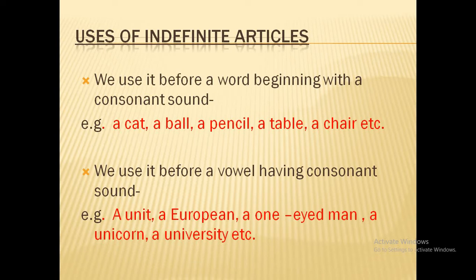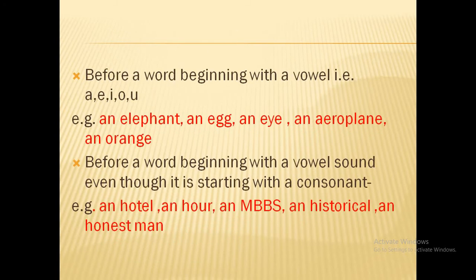as an indefinite article. Now, another usage, before a word beginning with a vowel sound, that is an, like a, e, i, o, u. This is how you should pronounce it. So, an elephant. This e does not give us the u sound. It gives us the e sound.